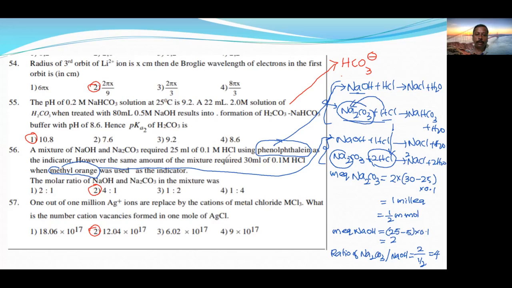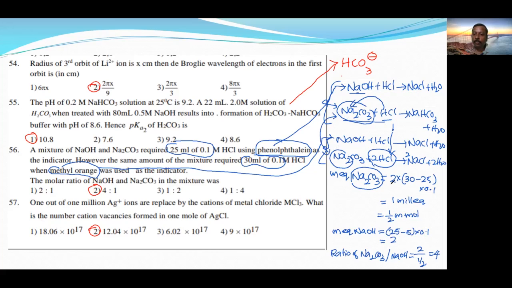See here, it is 30 ml of 0.1 when methyl orange is used, and 25 ml of 0.1 when phenolphthalein is used. So that extra will be equal to the milliequivalents of sodium carbonate. You will find the change only because of these two reactions.